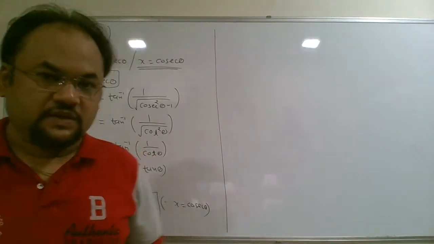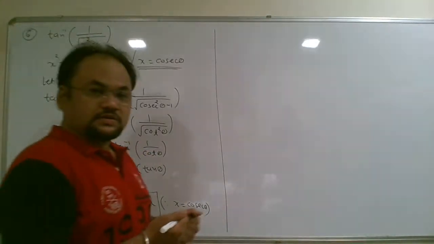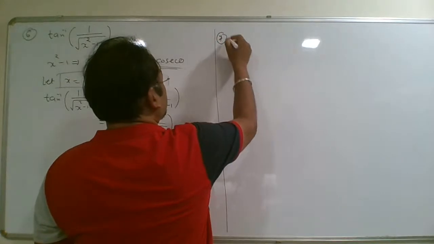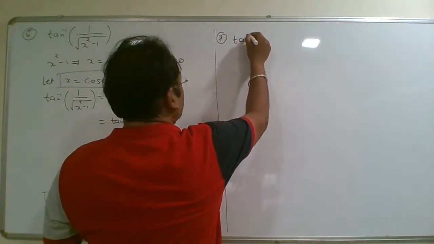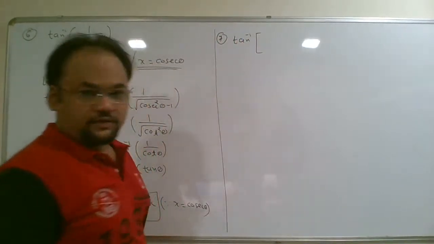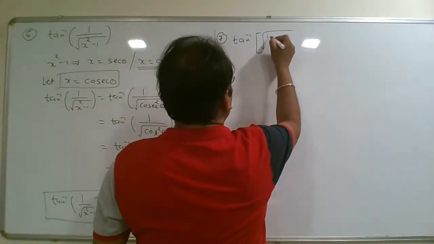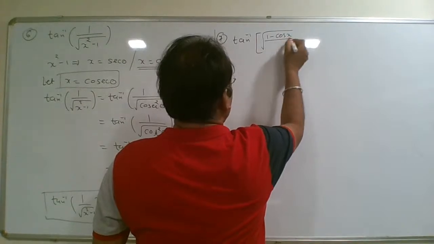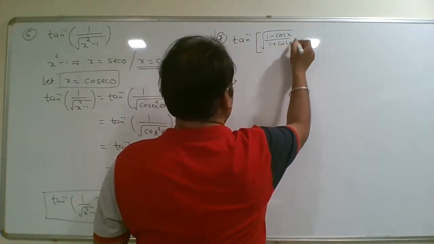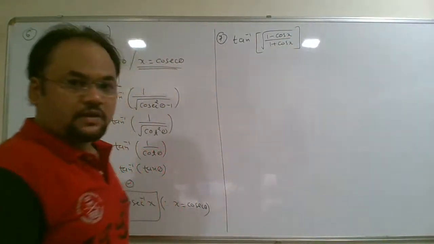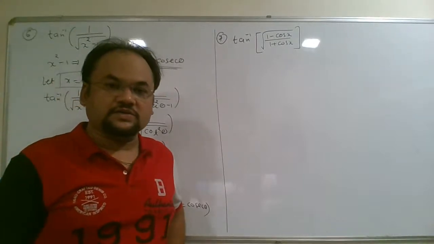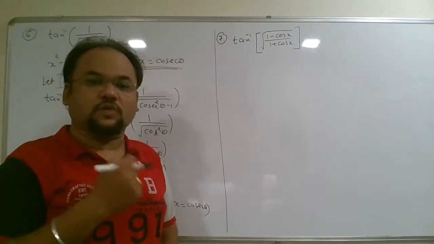Question number 7. Tan inverse of under root 1 minus cos x upon 1 plus cos x.